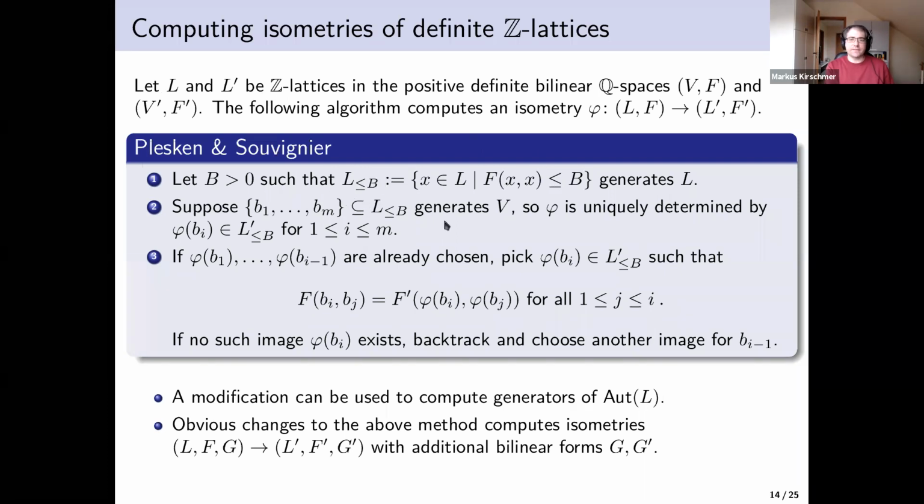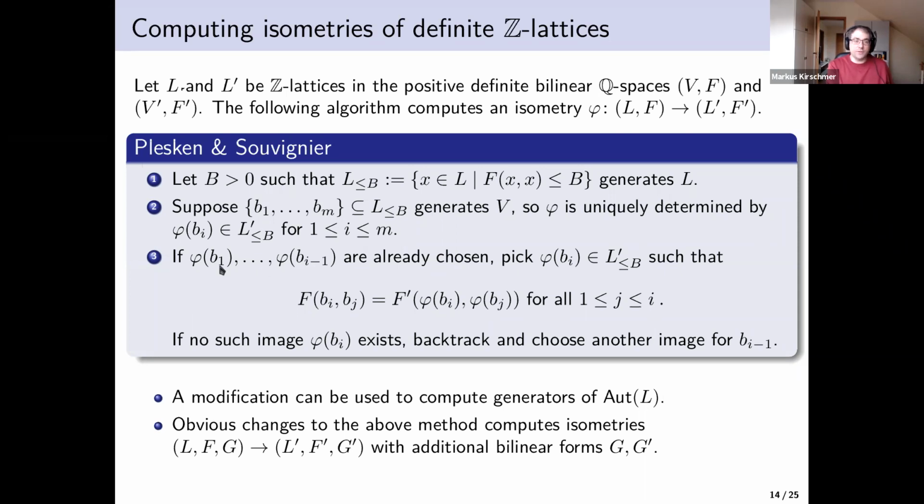And now the idea is, if you want to find an isometry between two of these positive definite bilinear spaces over the rationals that maps one lattice to the other, the idea is, if you make this set of vectors up to length B large enough, eventually this set will generate your lattice, or at least it will generate V, which means that any linear map from L to L prime will be uniquely determined by the image of such a finite set.